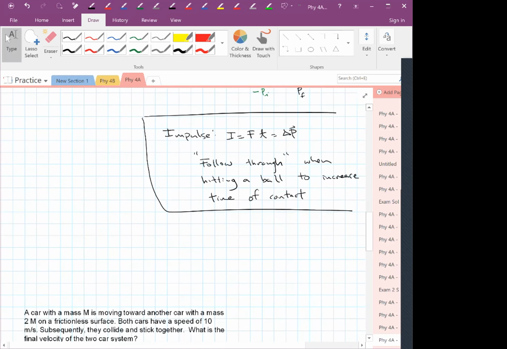All right, I got one more of these. My 2 kilogram ball, 3 meters per second.